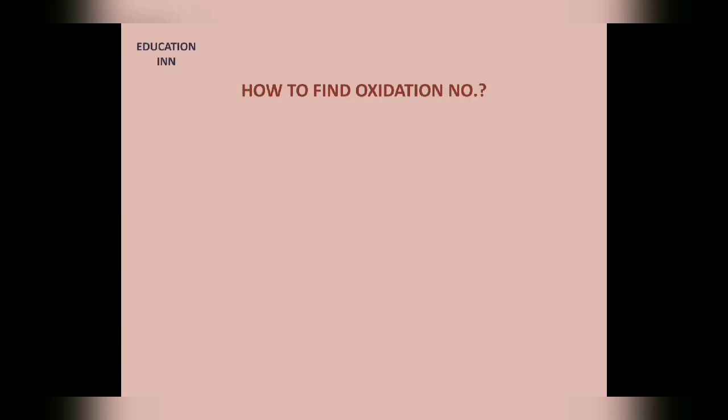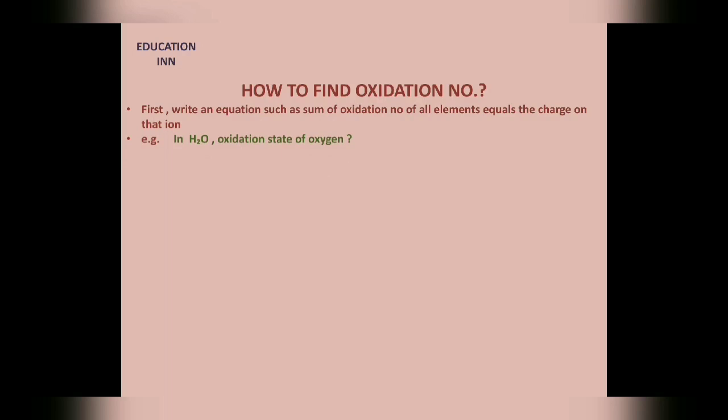Now let's see how to find the oxidation number. First, write an equation such that the sum of the oxidation numbers of all elements equals the charge on that ion or molecule. For example, in water, we have to find the oxidation number of oxygen. So we write an equation: 2 times the oxidation number of hydrogen plus the oxidation number of oxygen is equal to the charge on the molecule.